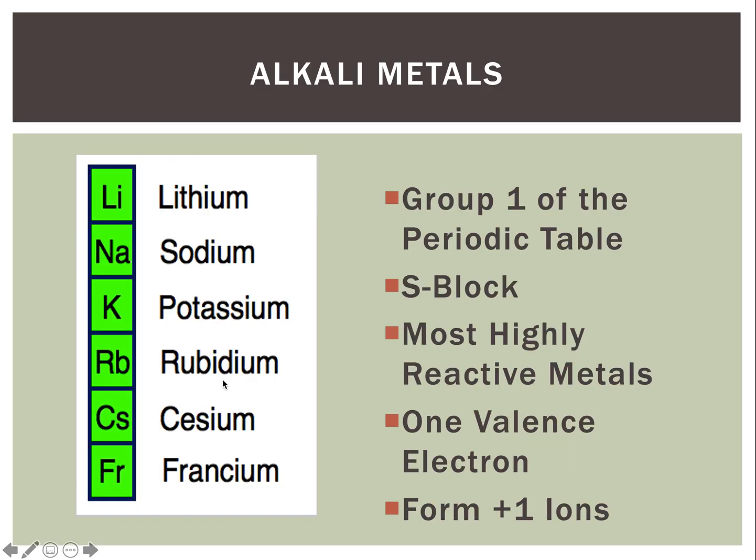So group 1 of my periodic table, which we just learned is part of my S block, has the most highly reactive metals. Now, these elements are so super reactive because they all have one valence electron. And because they have one valence electron, we're going to learn about this a little bit later, but when they form compounds or they react with something, they lose one electron, which makes them form a +1 ion.